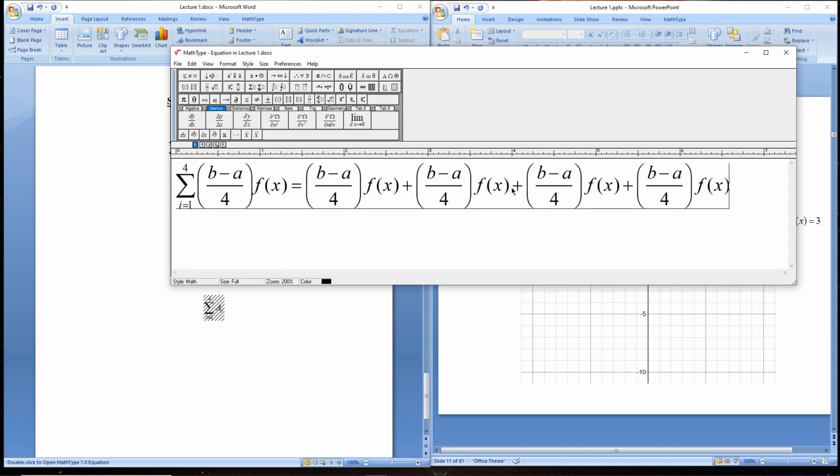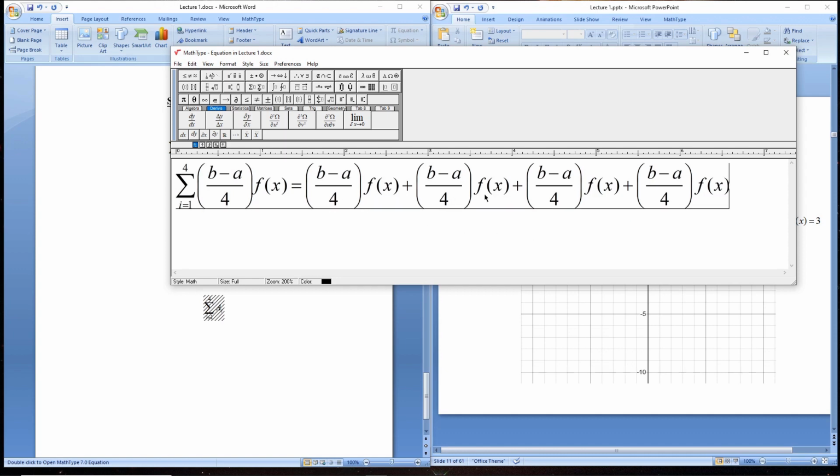And here is the full statement then. Our sum on the left will equal adding these 4 terms on the right. And of course, if you add those all together, you'll get a 4, and those 4s will eventually cancel.